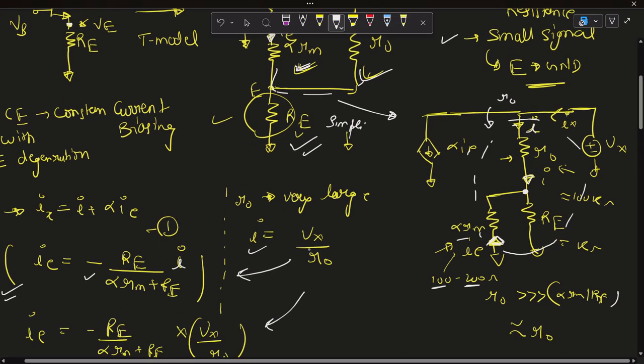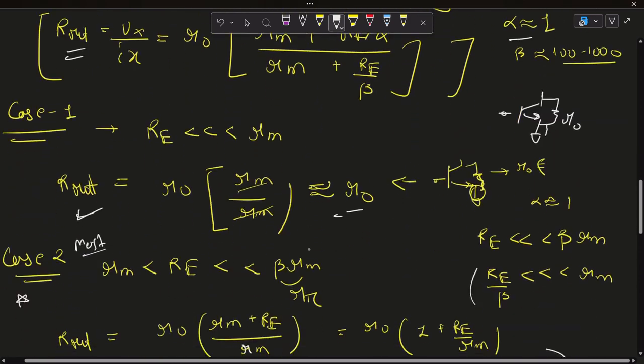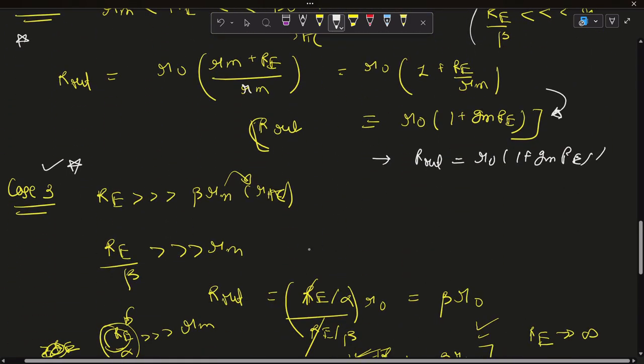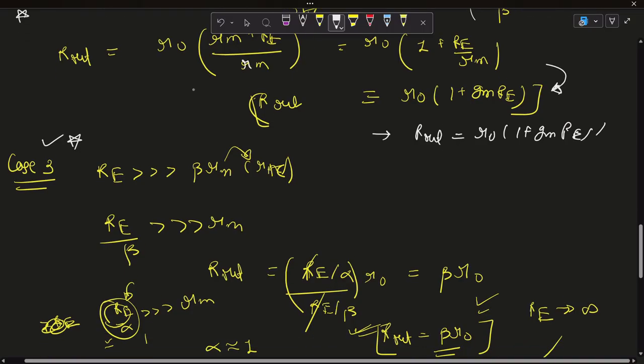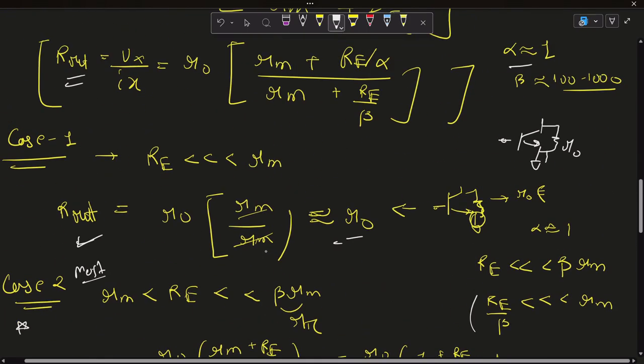Why beta R naught? In case three, our Re is much greater than beta Rm. So our Re by beta is also much greater than Rm. What will happen?